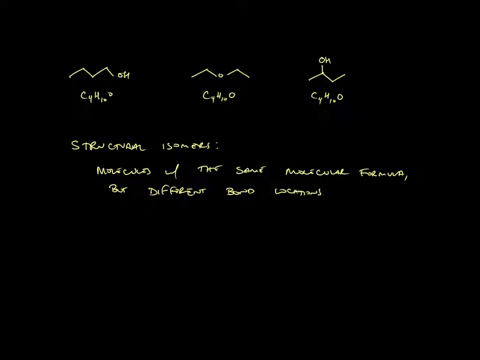So I'll give you an example of some things that are not structural isomers. So, for instance, this guy and this guy are not structural isomers because the one on the left is C4H10O. The one on the right has 5 carbons, so it is C5H12O.